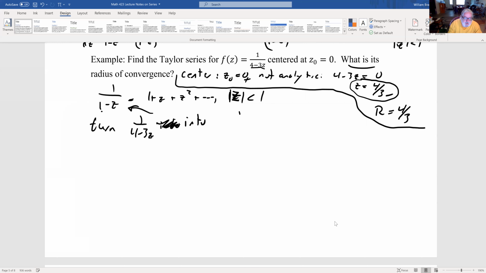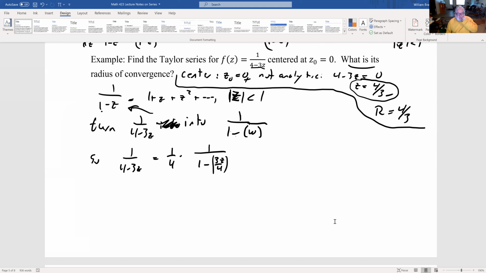I want to turn it into 1/1 minus something in here, which I'll end up calling w in the future. So 1/4 minus 3z, if I factor out the 4, becomes 1/4 times 1/1 minus 3z/4.